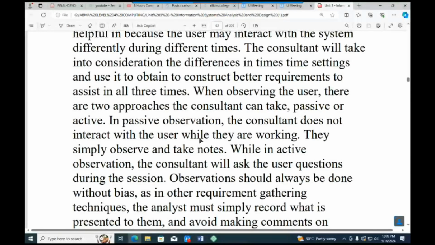Now, when you, as the analyst, are observing the user, there are 2 approaches the analyst can take. The first one is the passive approach, or you take the active approach. So in other words, we have passive observation and we have active observation.